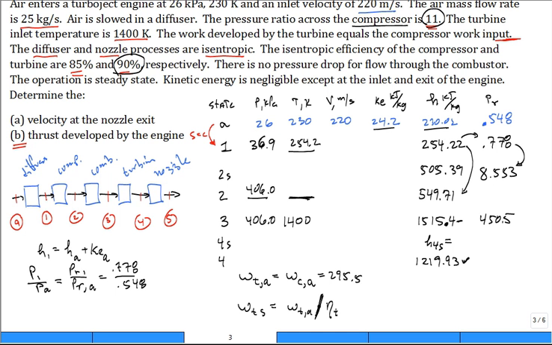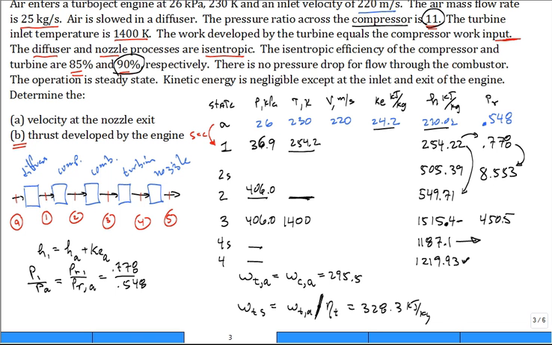And so we find that the work, if it had been isentropic, would have been able to produce 328.3 kilojoules per kilogram. The assumption is that 4S and 4 have the same pressures. Okay, so now that I know this is not 1219 but 1187.1, can I use that to get PR 4S?